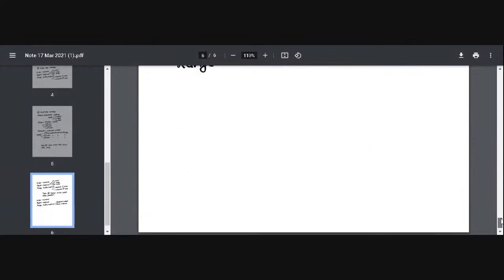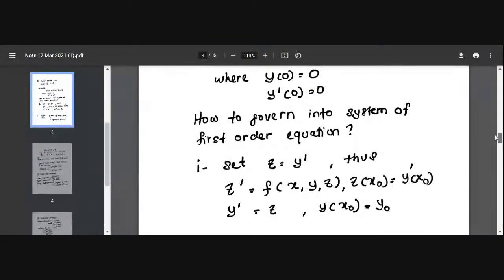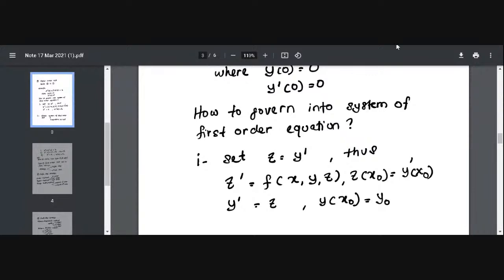So I continue again. If I can go to another notes, I'm stop sharing here. I go to another notes. Okay, yes, I share this note.